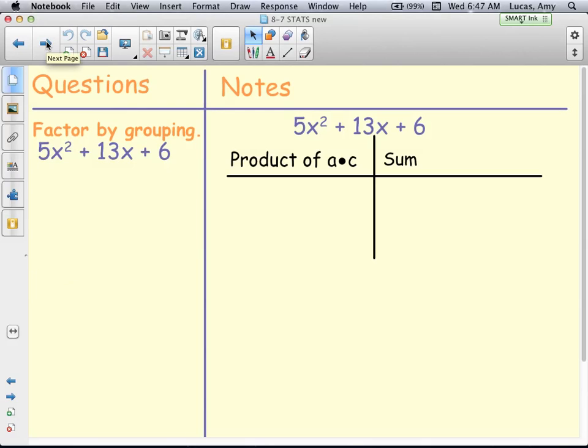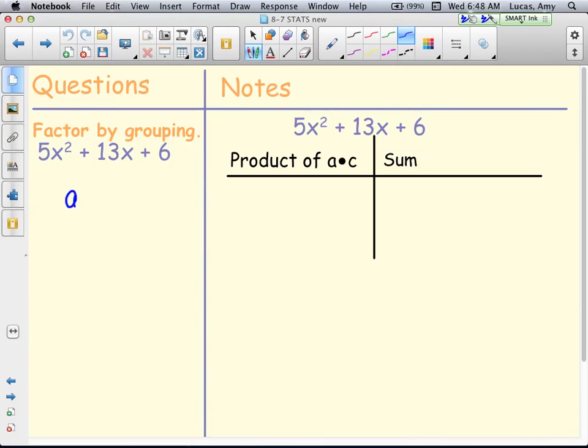Our first example, factor by grouping 5x squared plus 13x plus 6. I'm going to identify a, b, and c first. A is the number in front of x squared, so a is 5. B is the number in front of x, so b is 13.